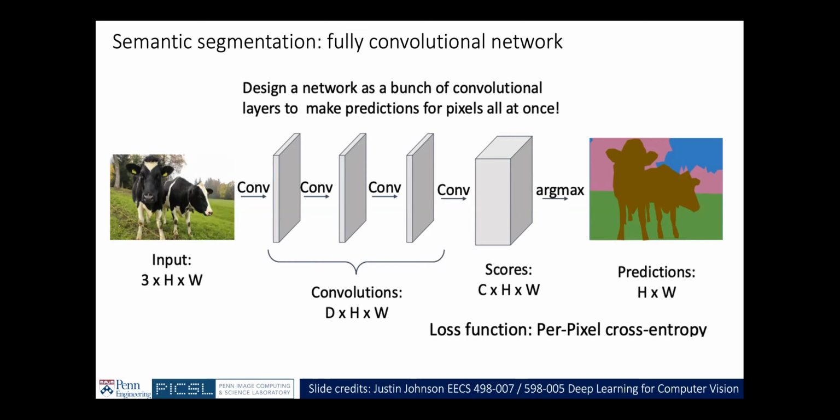So for deep learning segmentation, it's as easy as stacking up a bunch of convolution layers, one after the other, to map the input to the corresponding output. But there is one problem with just stacking convolution layers one after the other.